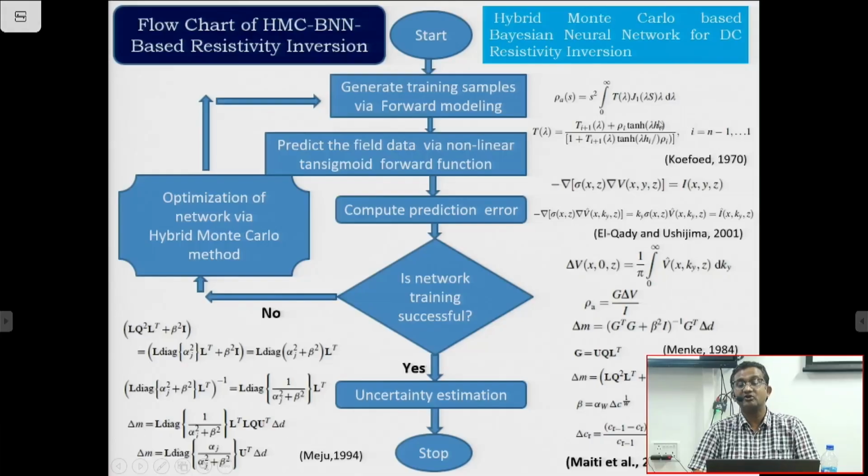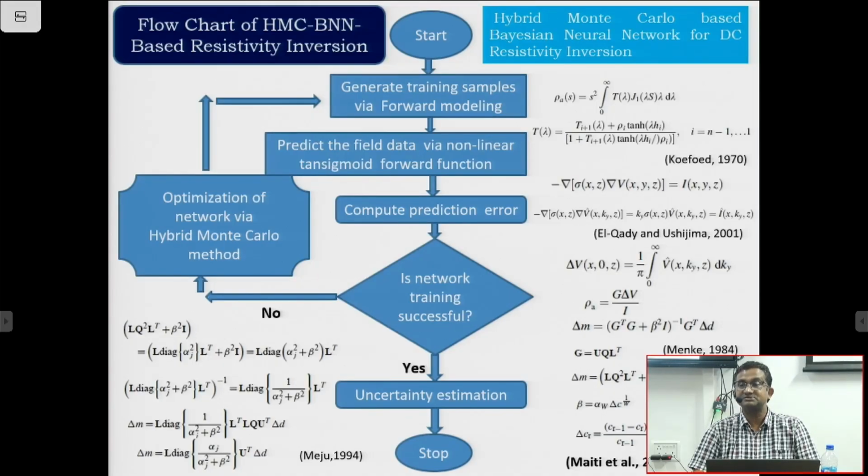Now it is highly nonlinear because by changing this, say H is the thickness of each layer, lambda is your integral variable here, and it is a tan hyperbolic function, so it is a sigmoid, nonlinearity comes in, and by changing a small value of your rho and H, the apparent resistivity may change nonlinearly.